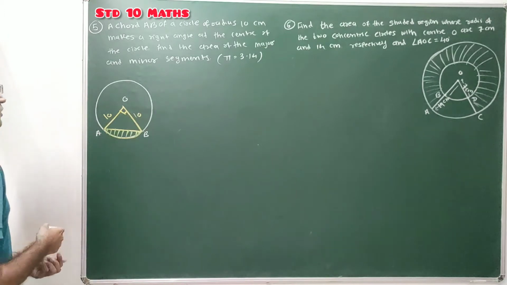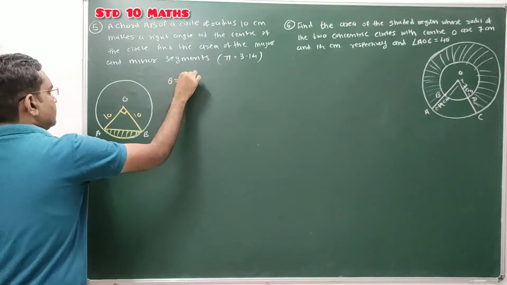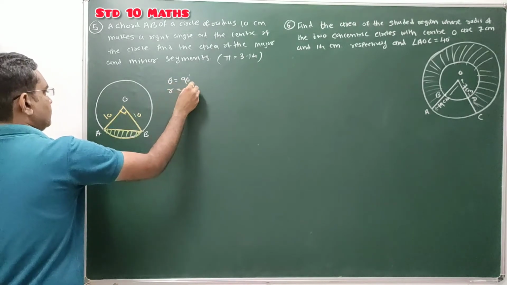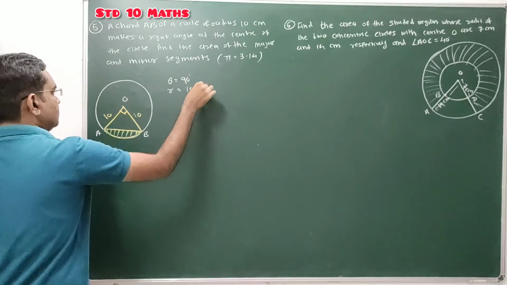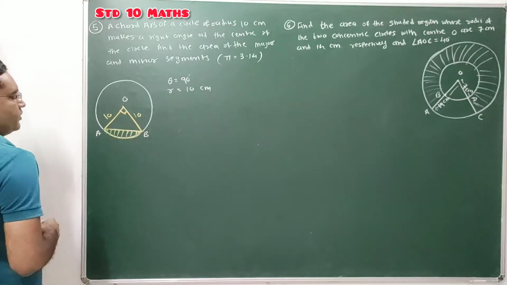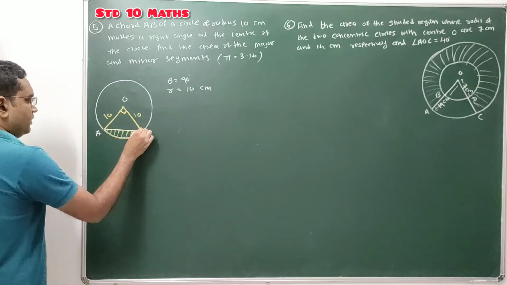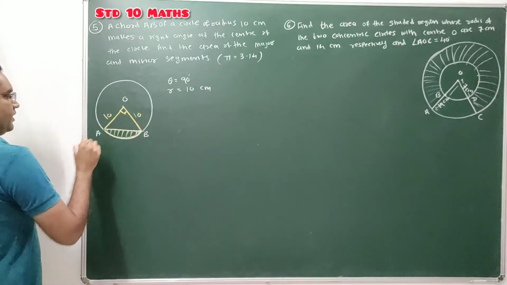This is our question. So here for the quadrant of the circle, theta is 90 degrees and the radius of the circle is 10 centimeters. So now here we can find the area of the segment. Area of segment is nothing but the area of quadrant minus area of triangle.